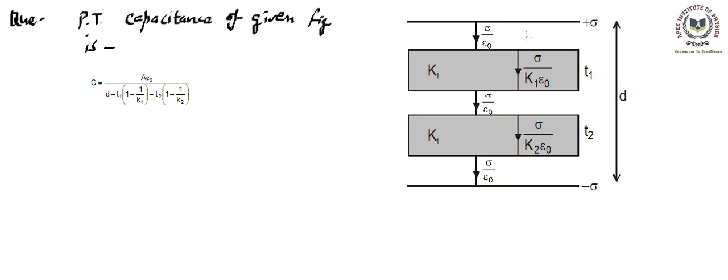We need to prove that if this is a parallel plate capacitor and K1 dielectric has been filled up to T1 thickness, and this K2 dielectric has been filled up to T2 thickness, plate area is A and D is the total gap, then the capacitance of this arrangement is going to be C is equal to A epsilon naught divided by D minus T1 in bracket 1 minus 1 by K1 minus T2 bracket 1 minus 1 by K2.